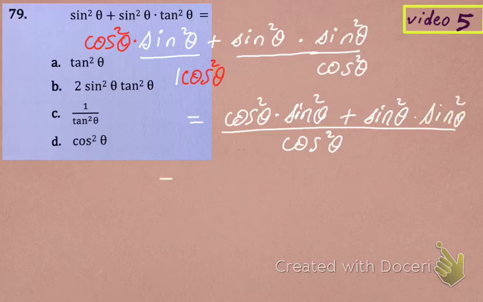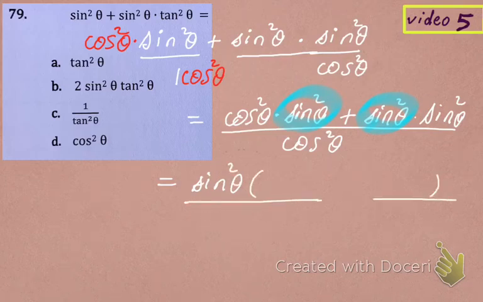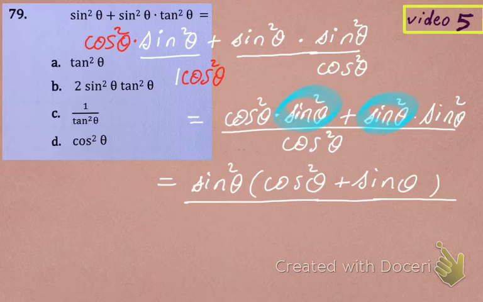And what we can then do is, in the numerator, take sine theta squared as a common factor. So we take sine theta squared as a common factor, and we then sit with cos theta squared plus sine theta squared.